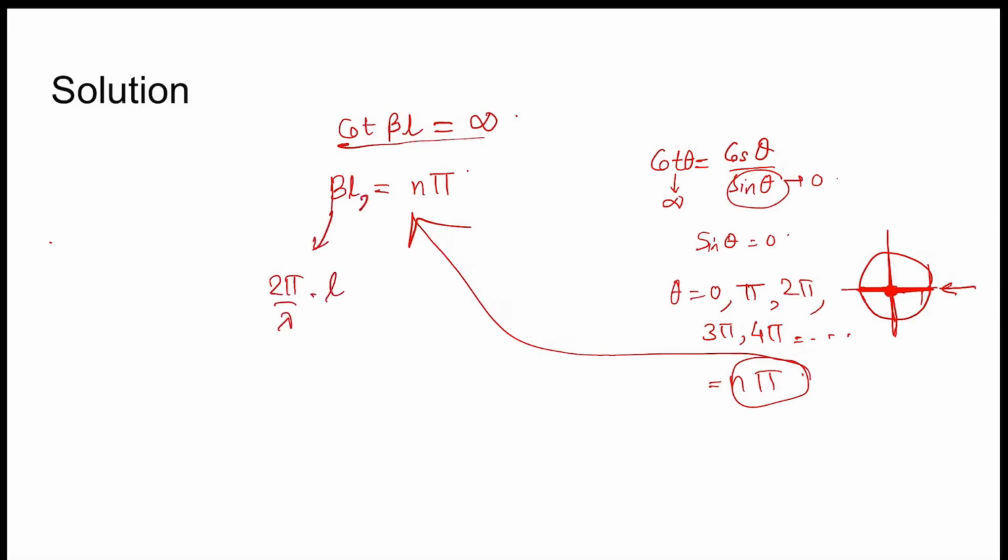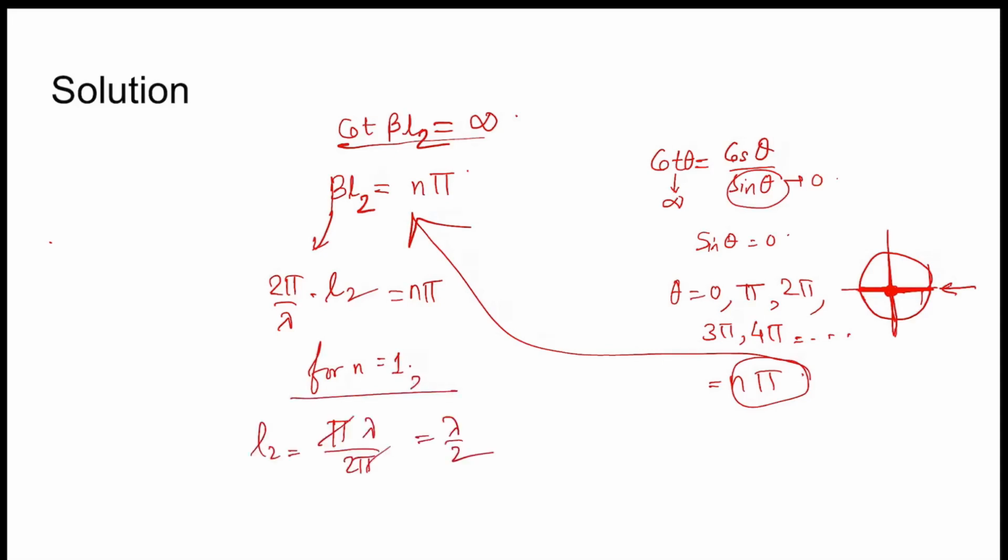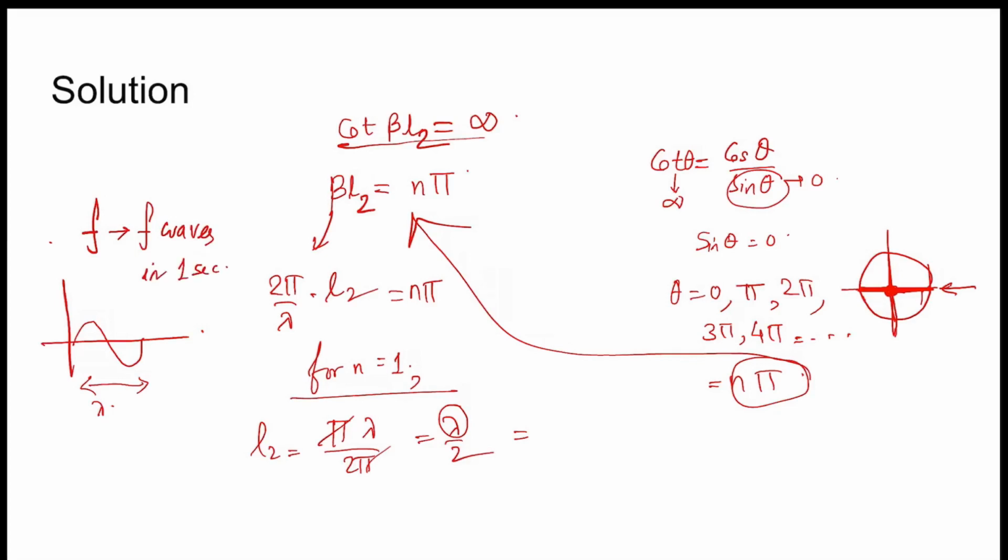Now beta is 2 pi by lambda multiplied by L, actually L is L2, so beta L2 equal to n pi. For n equal to 1, L2 equals pi lambda by 2 pi, pi gets cancelled, equal to lambda by 2. So I can find lambda. You know the wave velocity, and wavelength is lambda, and f means f waves in 1 second.